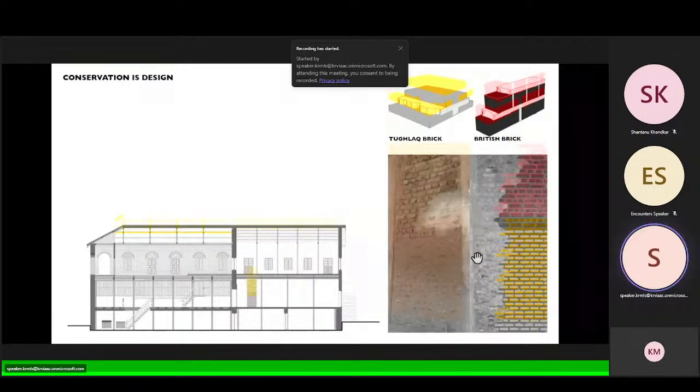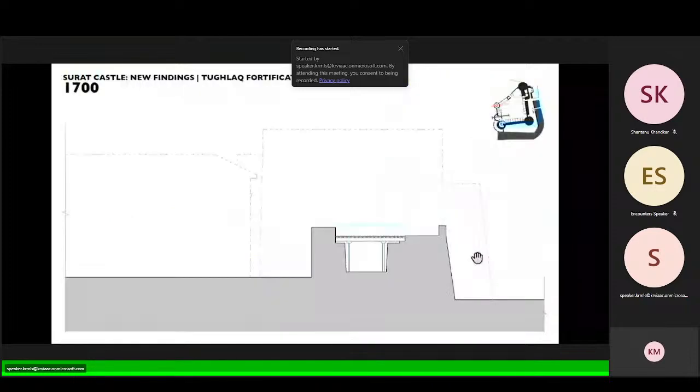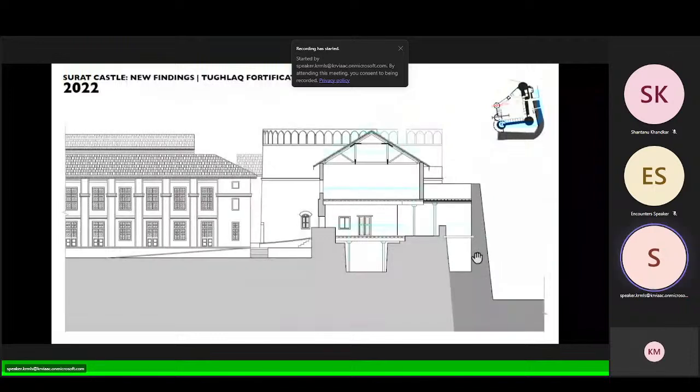Without going into too much detail, we discovered that what looked like a bastion from the outside was almost 10 feet thick, because from the inside also there was a bastion.